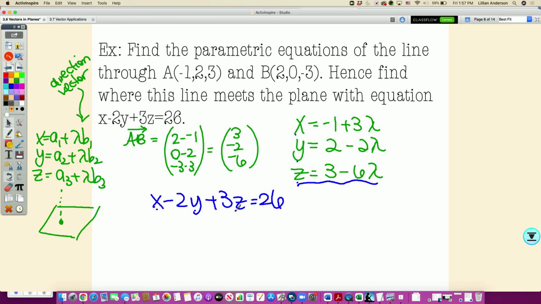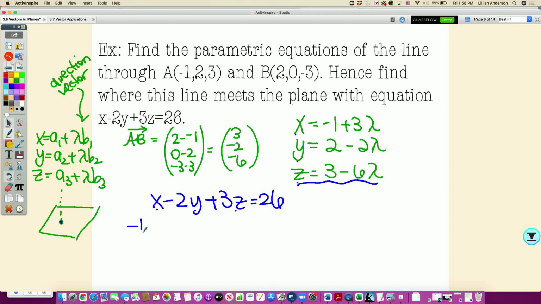So remember, if you want to figure out where they intersect, you would technically set them equal to each other, but here, since these are already solved, we would just plug in. Oh, and then plug that value into the equation of the line. Exactly. And then once I figure out the value of lambda, I'm able to actually figure out the point where the line would intersect with the plane, because it would be the shared point between both things.